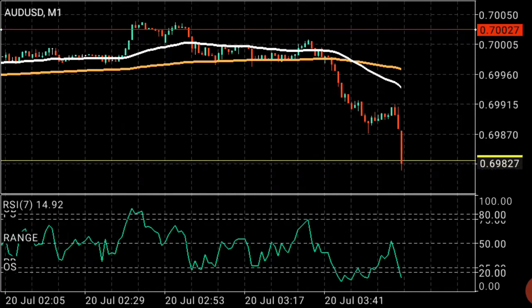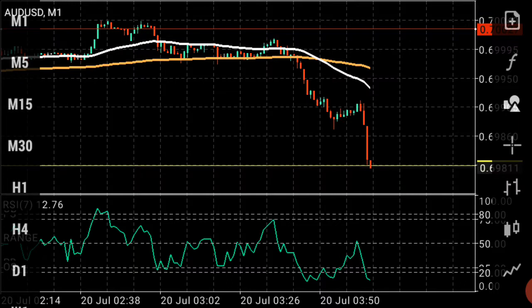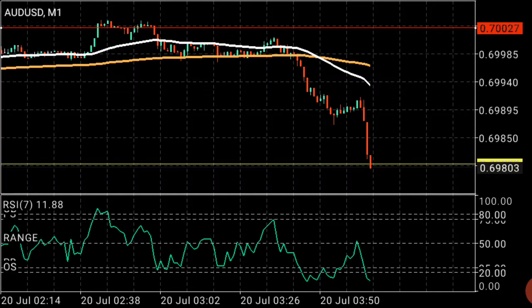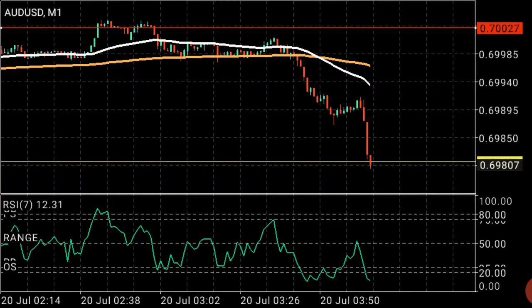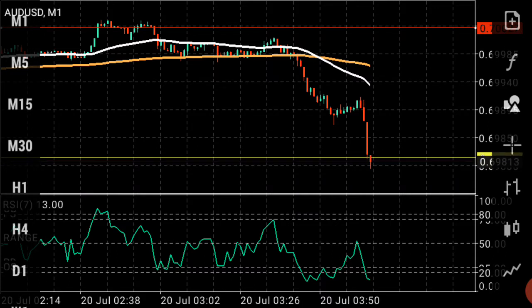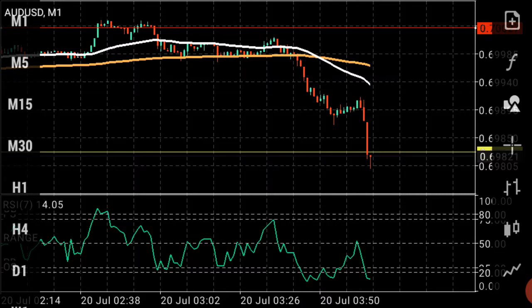So in this potential case, I will wait to see if this RSI is going to turn around.